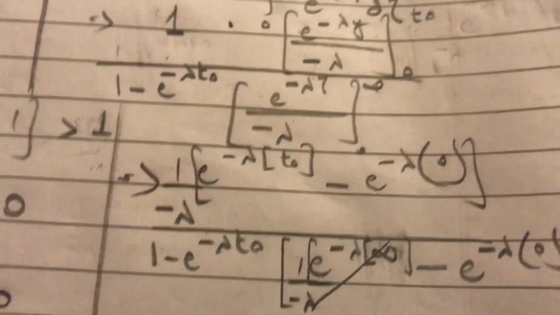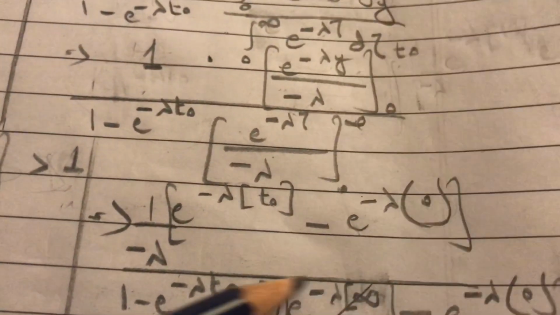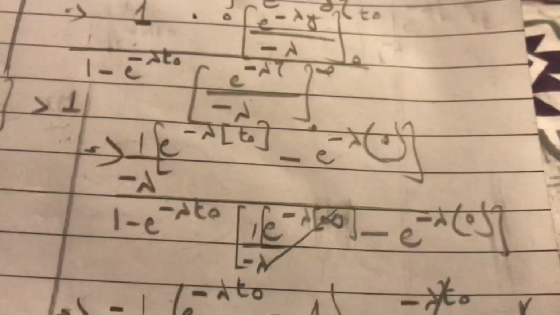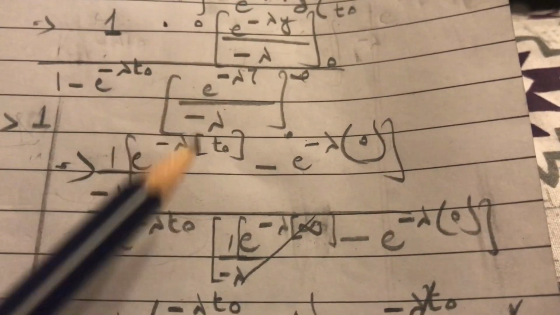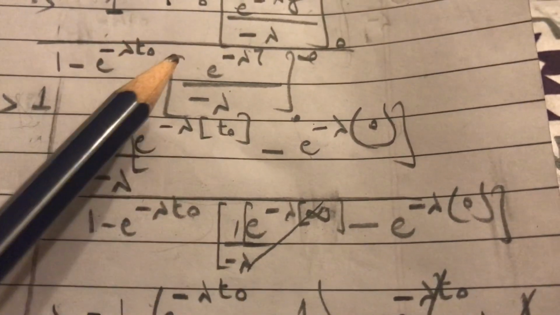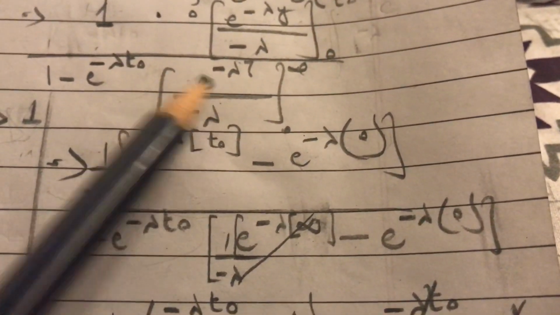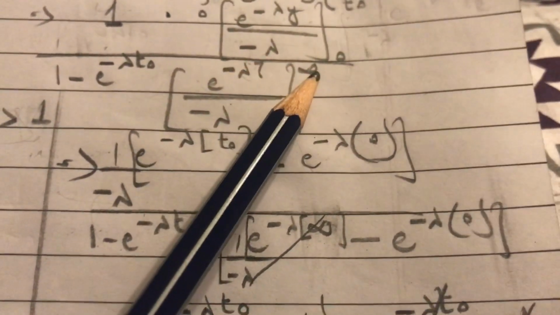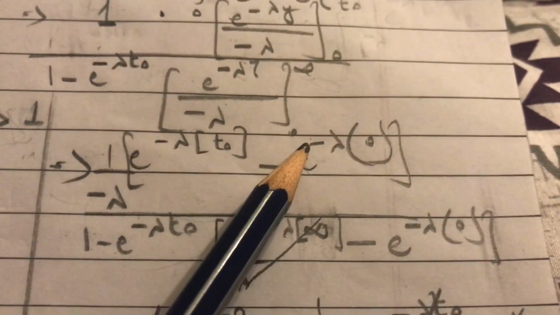The next thing, here is the division, and this thing remains the same here. And for this we have 1 over minus lambda comes outside, and e to the minus lambda tau. For the first limit we have infinity, and for the second limit we have 0.